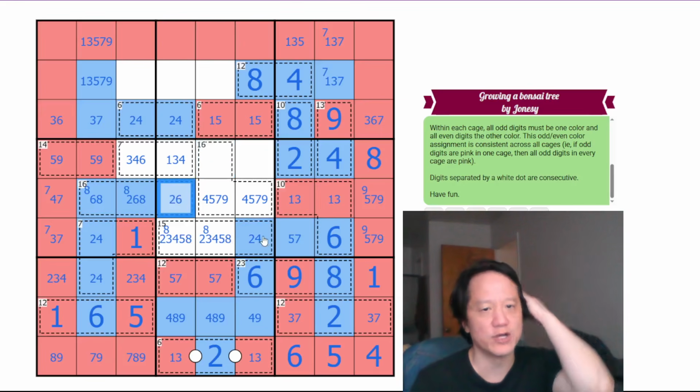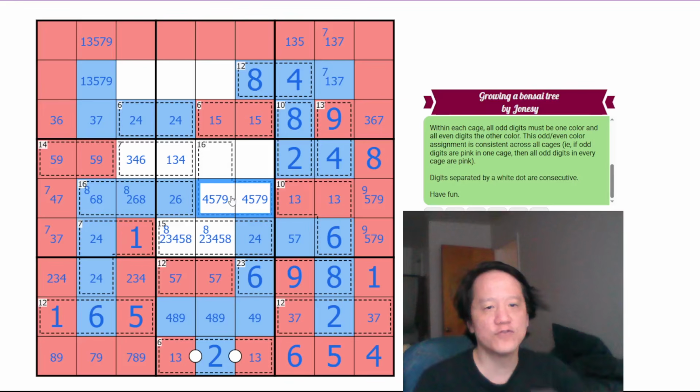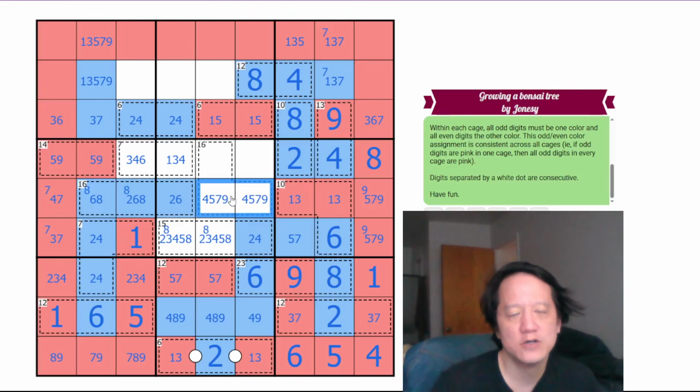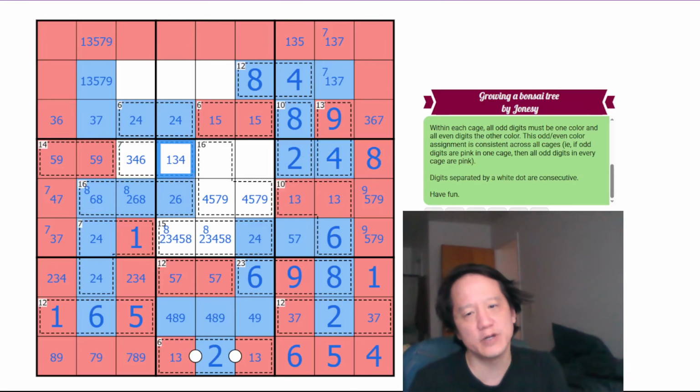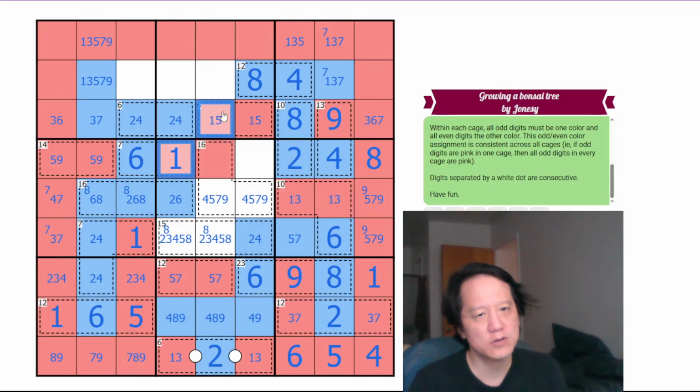Therefore, both of them would have to be 2, which is obviously not allowed. So 4, 5, and 6 doesn't work. This is 4, which means this can't be 3, 4 as a pair. That means this is 1 and 6. So 6 would have to be blue. 1 would be red. Red, again, we have a diagonal here. So this has to be red here.